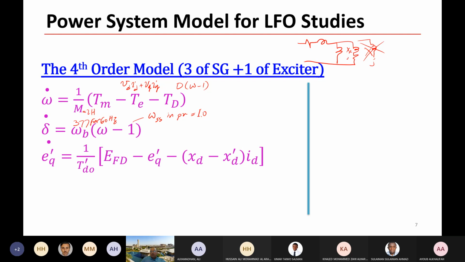You have here XF, RF, XMD, X leakage, RA. So you can get TDO prime.